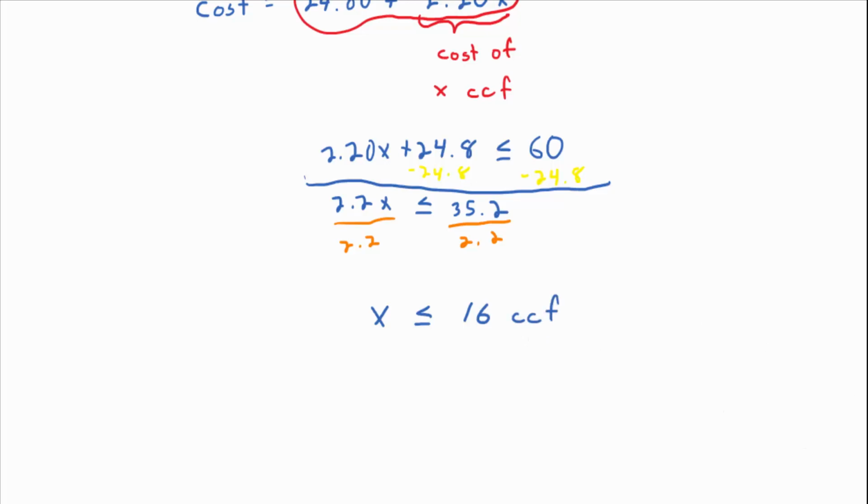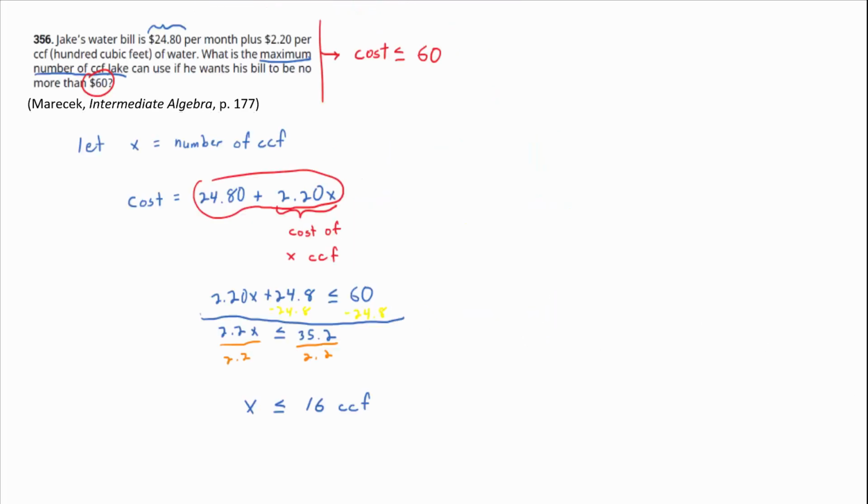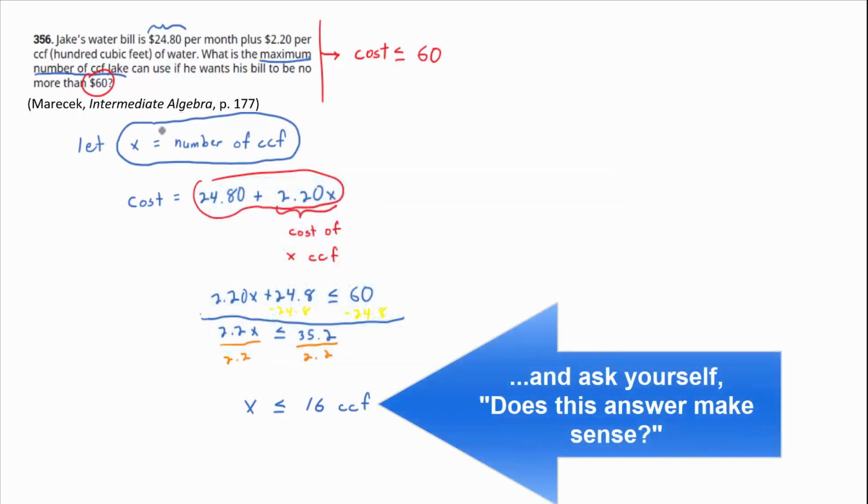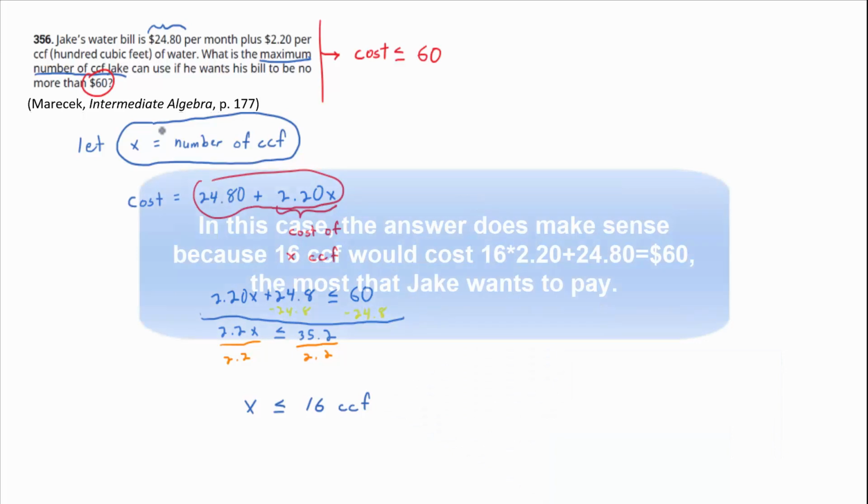CCF. By the way, that's a good reason to write down what x is in at the beginning. A couple of you shouted out the wrong units. That way you can double check yourself. Oh yeah, x is in CCF, so it's got to be less than or equal to 16 CCF.